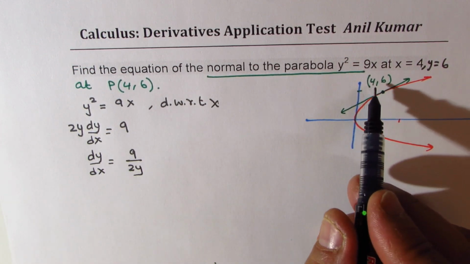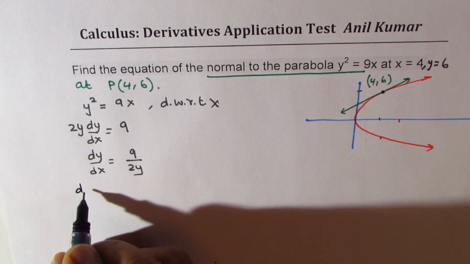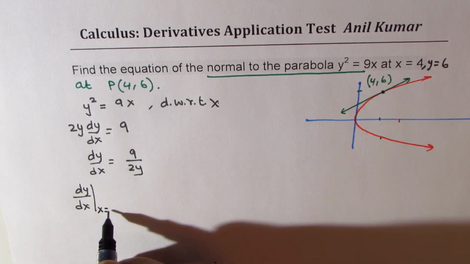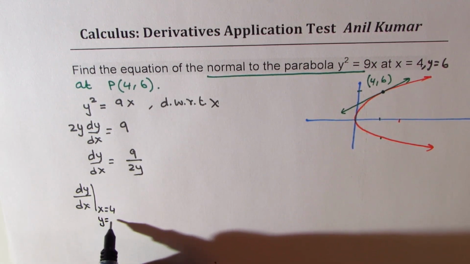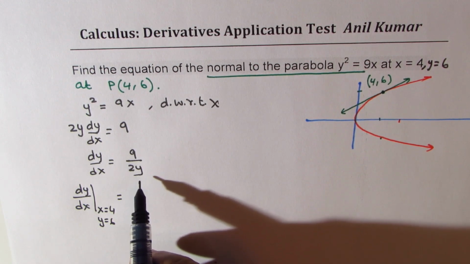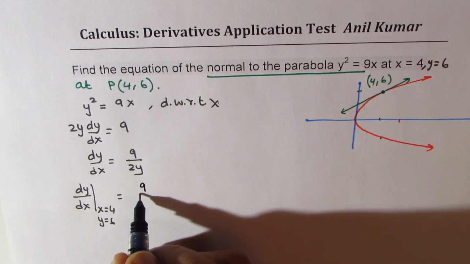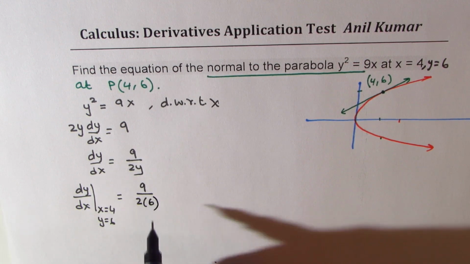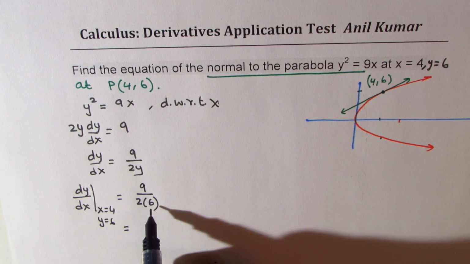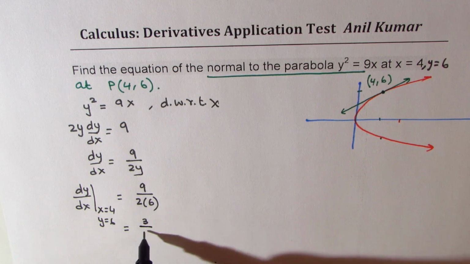To find the slope at point (4, 6), dy/dx at x equals 4 and y equals 6 will be, we'll substitute y as 6. So we get 9 over 2 times 6. That gives you the derivative, and you could simplify this by dividing by 3 to get 3 over 4.